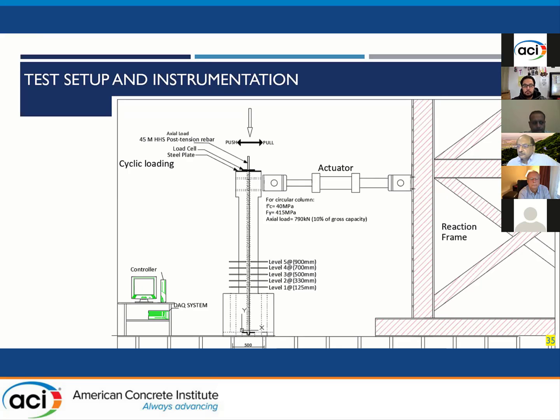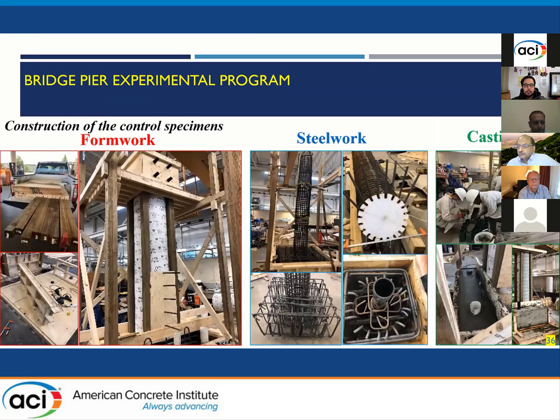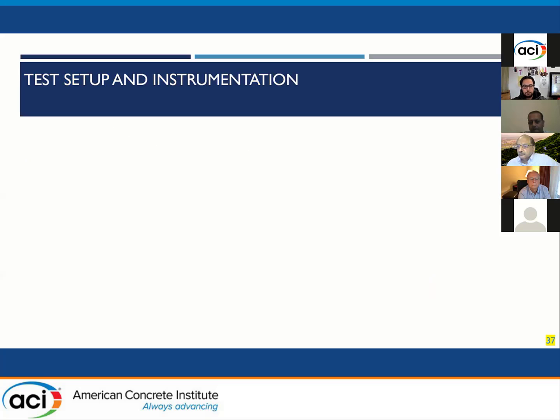This is our test setup, under cyclic loading. And we did everything in our laboratories, the LAMS lab at UBC, from formwork and steel work to casting. We just made use of the spirals, which we had to get ready, and the ready-mix concrete. All other work has been done by myself with the help of my colleagues.